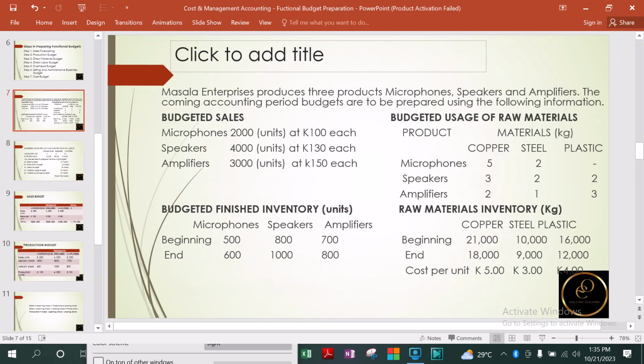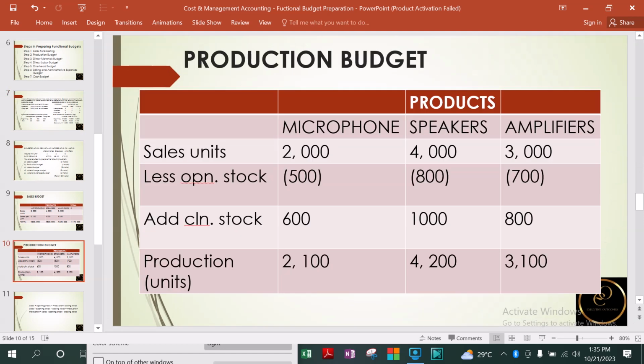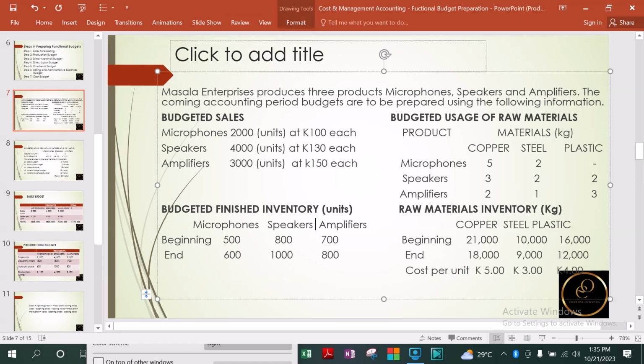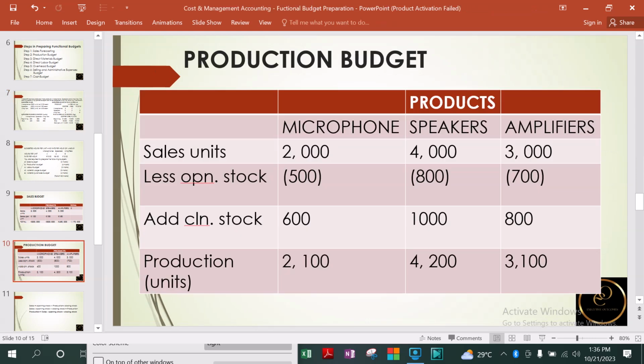Speakers, the opening stock is 800, closing is 1000. Then we look at amplifiers. For amplifiers, opening is 700, closing is 800. So opening is negative 700, closing positive 800. So you add and subtract.